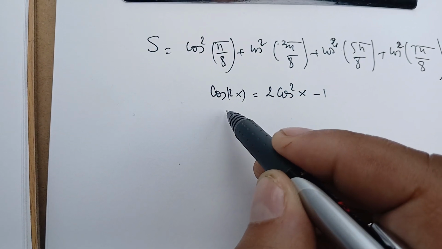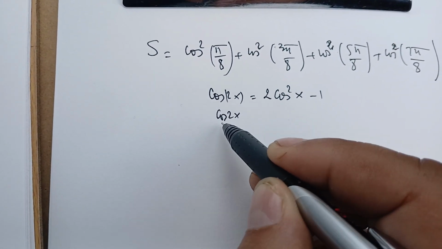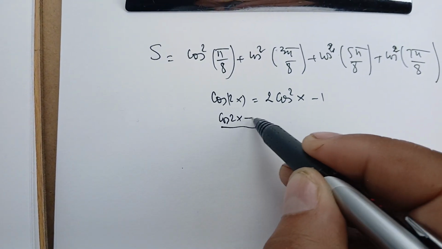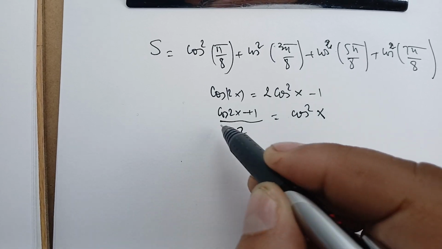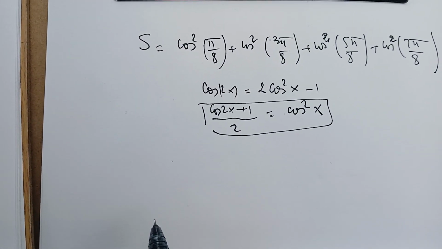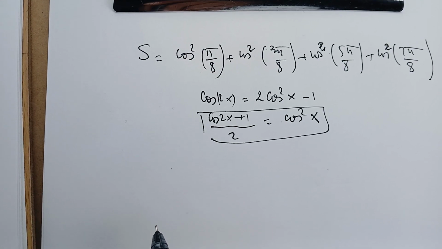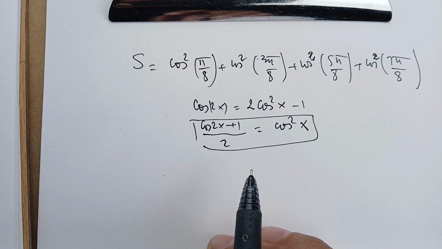So if we add 1 to both sides and divide by 2, we get cosine 2x plus 1 over 2 is just cosine squared of x. Okay? This formula is going to help us a lot. If you want to solve this one, you can start from here and try to finish this problem by yourself.